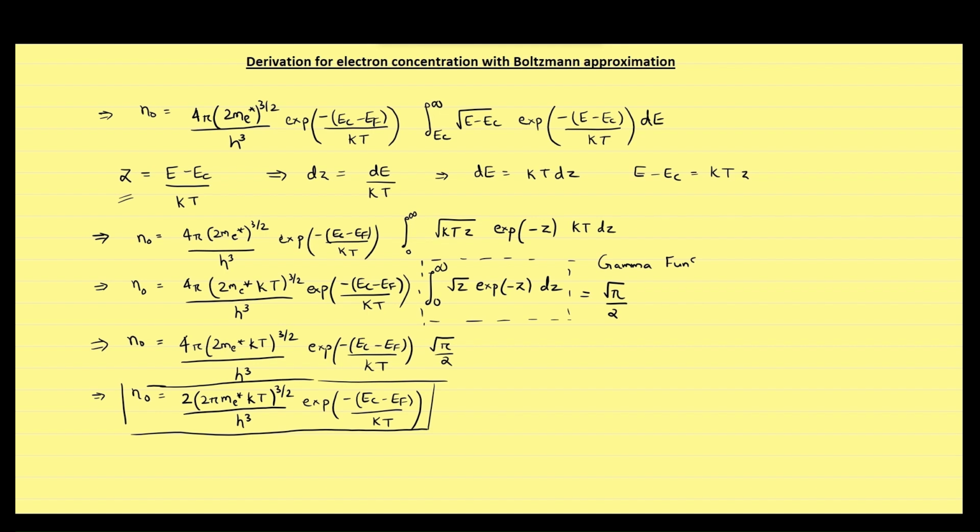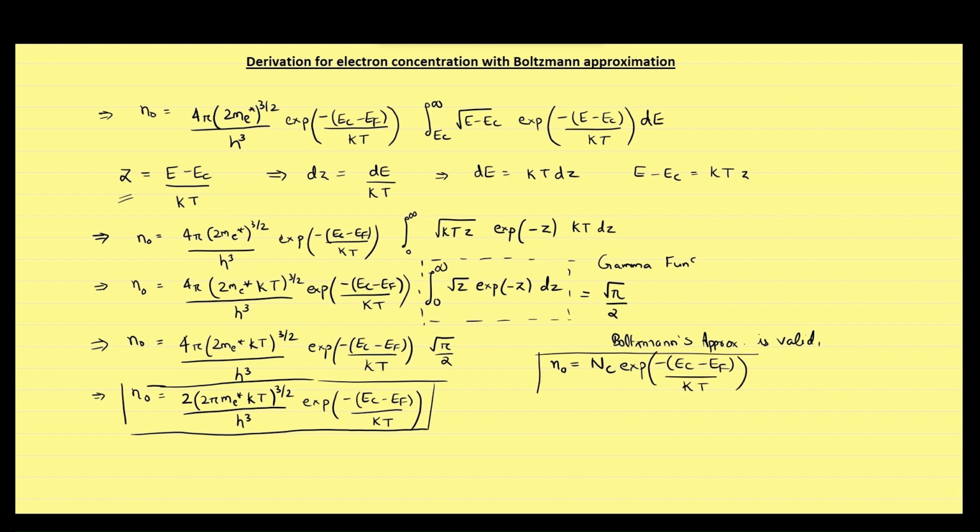But in the last lecture, we studied that if the Boltzmann approximation is valid, we had another expression of electron concentration in terms of the effective density of states: n₀ equals effective density of states N_c multiplied by exponential of (E_F − E_C) divided by kT.